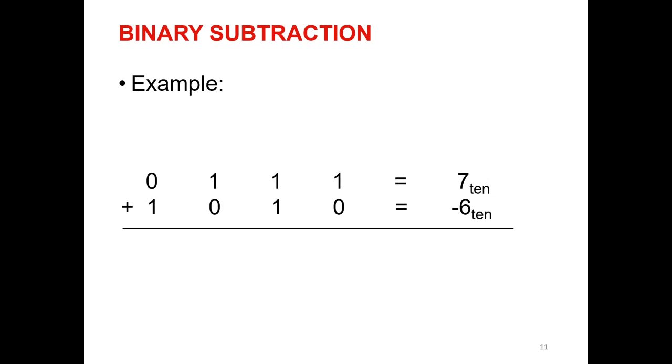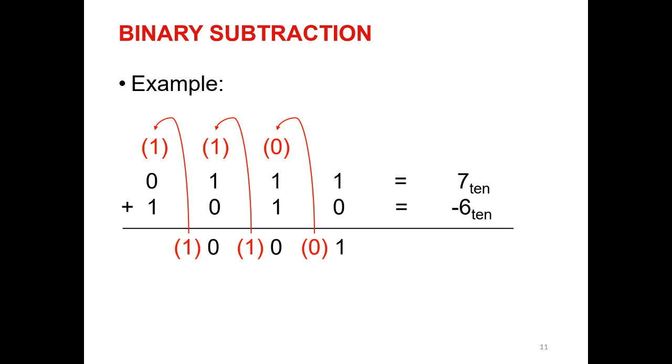So 1 plus 0 is 1, carry 0, 1 plus 1 is 0, carry 1, 1 plus 1, 0 again, carry 1, 1 plus 1, 0 again, carry 1. Okay, this is the correct result.